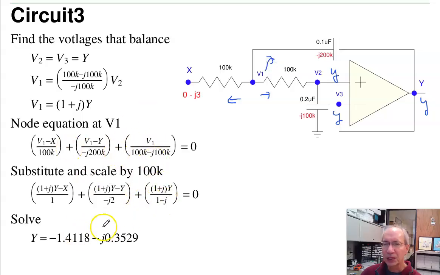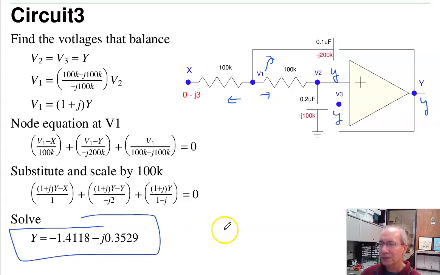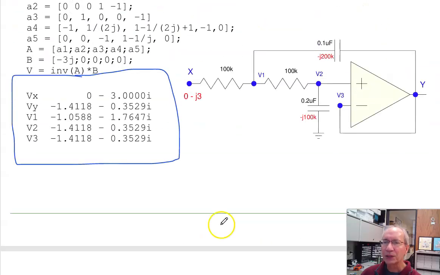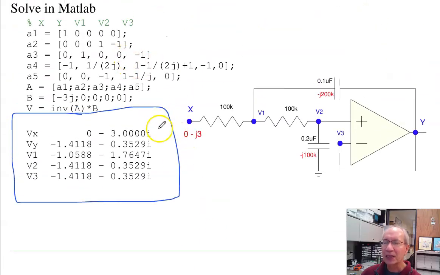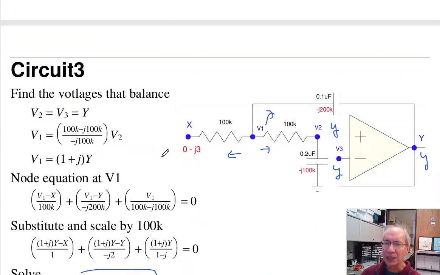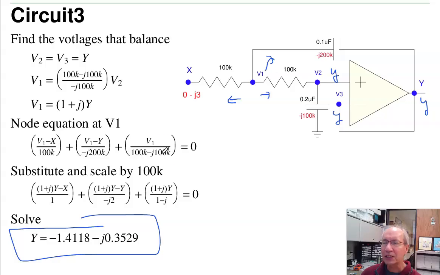Plugging in numbers, I wind up with this for Y. And there are a couple ways to solve. Personally, I would use n equations and n unknowns. Once you have MATLAB, the trick is to set up the equations right, then MATLAB can solve. If this is a test and you're not allowed to use MATLAB, you can do tricks like this and find the answer. Not that easy, but it can be done.